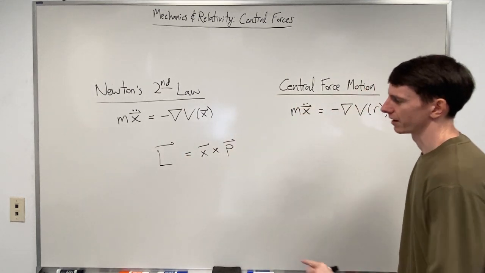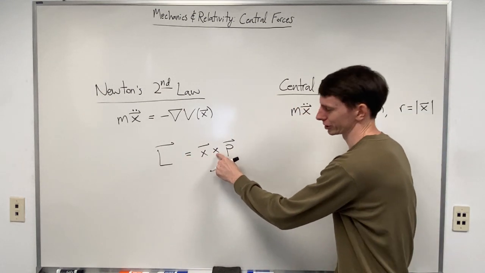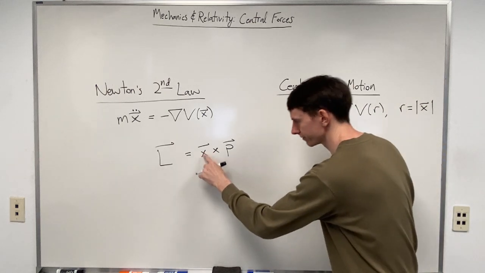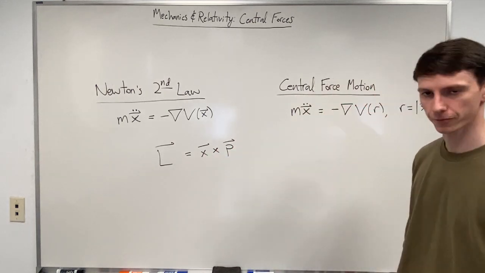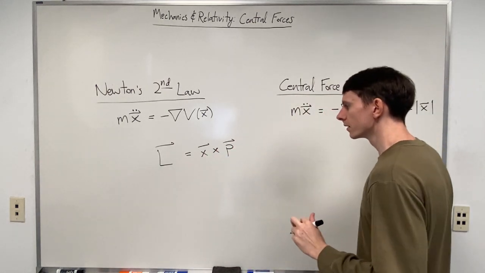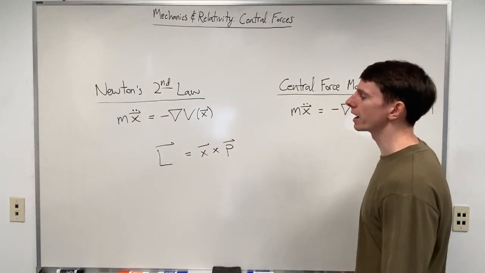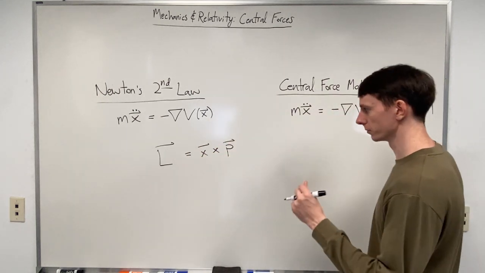I realize this is like x and then the cross product looks like x too. But this is position vector cross linear momentum right here. That's what we have. So this is just the general angular momentum of a particle.